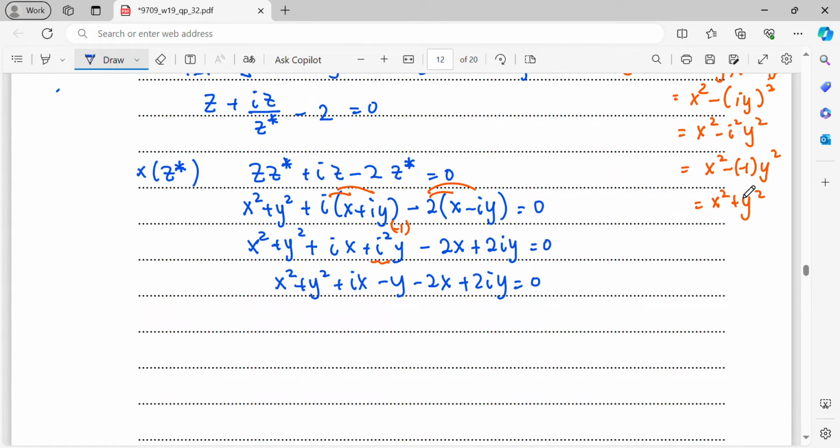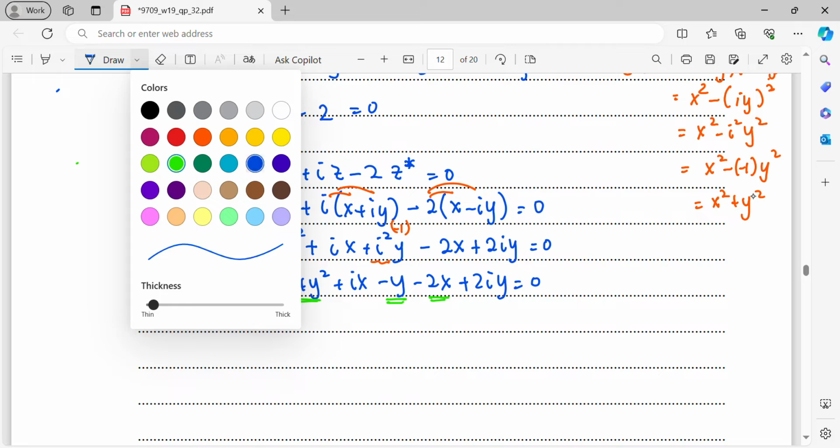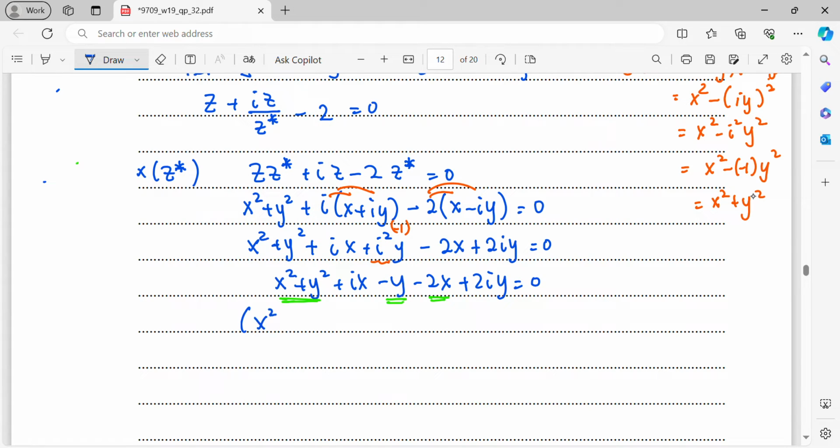Okay, so from here, I will group the real and imaginary parts. Real parts means those without i, so all these are real parts. I will be getting x squared plus y squared minus y minus 2x as my real part. And my imaginary part will be those with the i. Once I have factorized the i, you will be getting x plus 2y, and equals to 0.